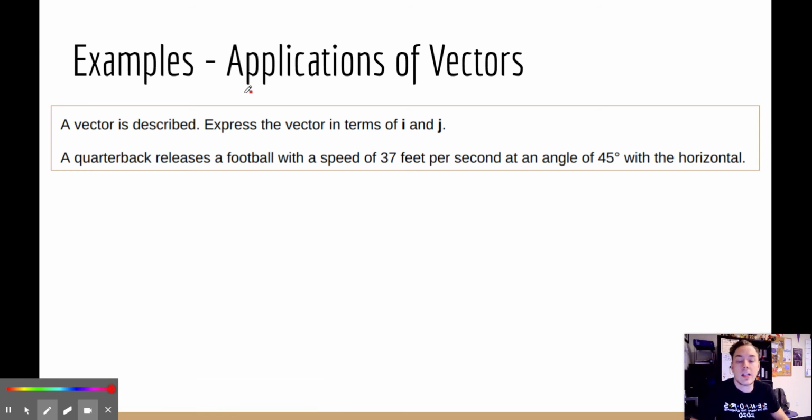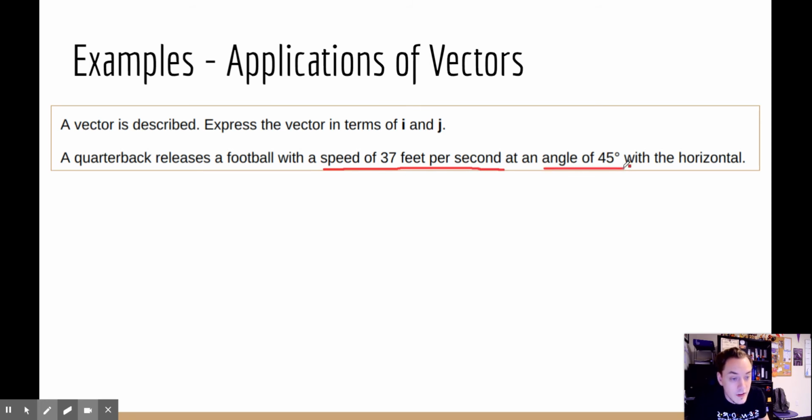A vector is described; express the vector in terms of i and j. A quarterback releases a football with a speed of 37 feet per second and an angle of 45 degrees. So this automatically tells you your magnitude is 37 feet per second, and your directional angle is just 45 degrees.